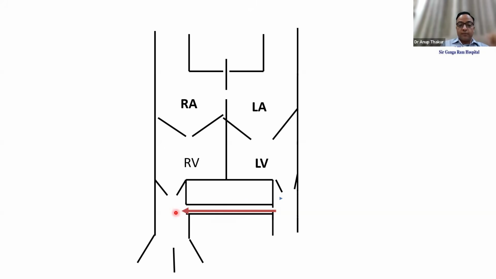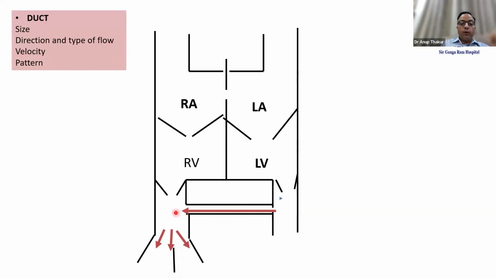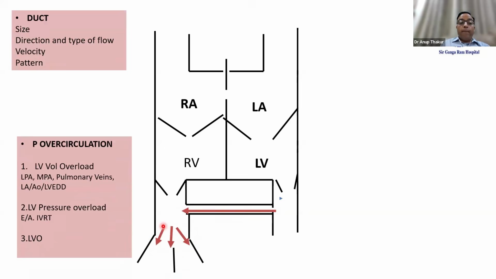Then what is happening? This blood from the duct is flowing into the pulmonary circulation, so you're going to have certain findings of pulmonary overload. It flows into the LPA and the MPA. MPA means the main pulmonary artery, LPA means the left pulmonary artery. You will see an increase in the diastolic velocities in the MPA and the LPA.